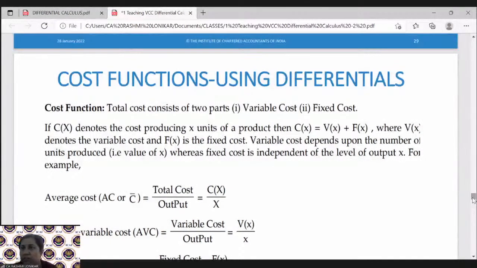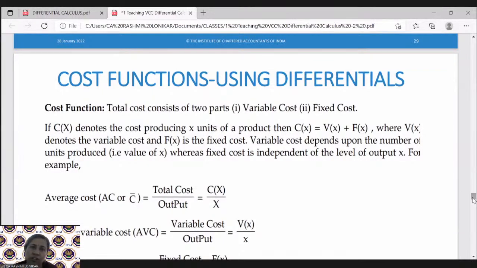Fixed cost is, suppose I want to manufacture pens. I will first have to make a factory. I have to buy the machinery. All those things, buying machinery, building the building, are my fixed costs. Those I have incurred one time.